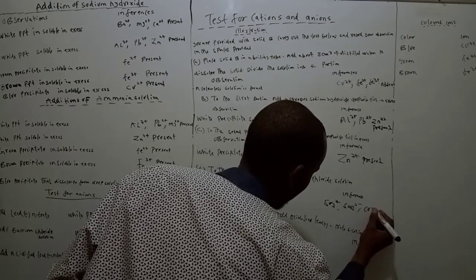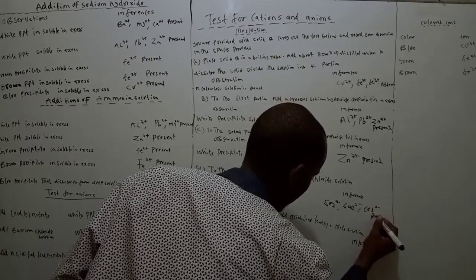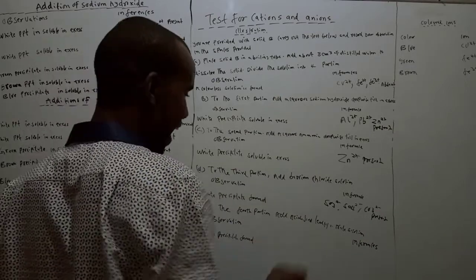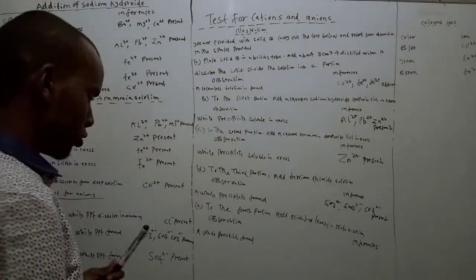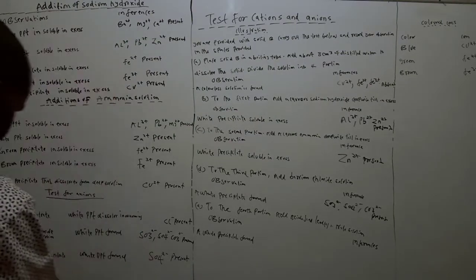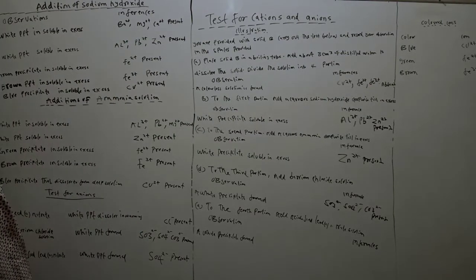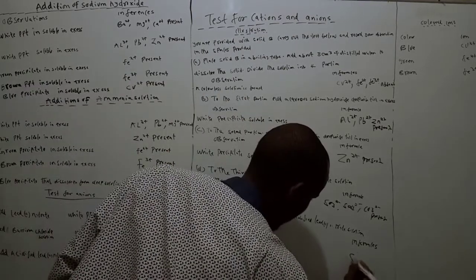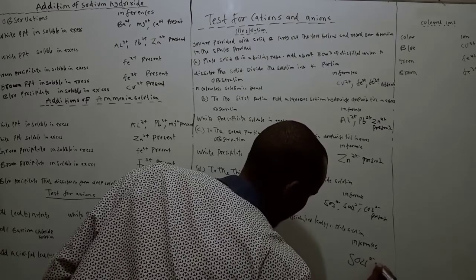Then carbonate present. Lastly, to the fourth portion, add acidified lead nitrate solution. Then in the observation, we are told a white precipitate forms. That is the only case we have written here. Add acidified lead nitrate. If we have a white precipitate, that is sulfate. Sulfate present.